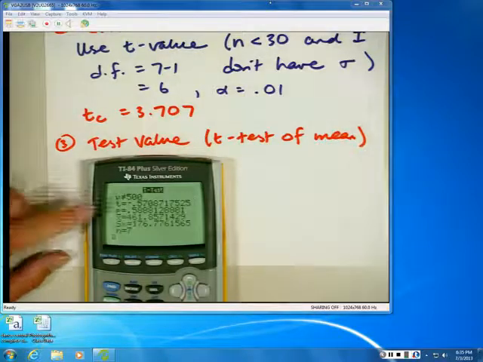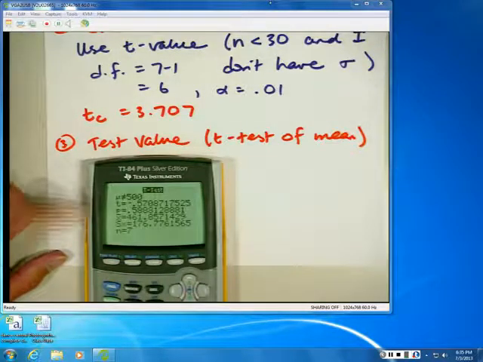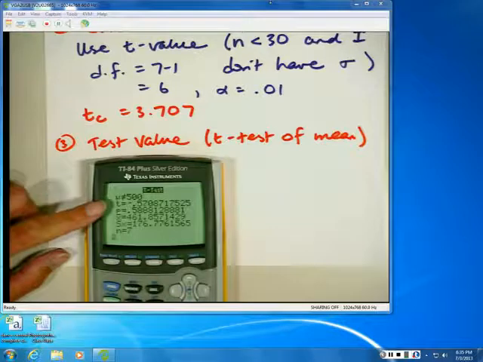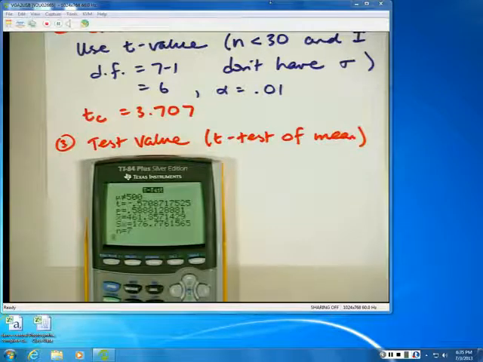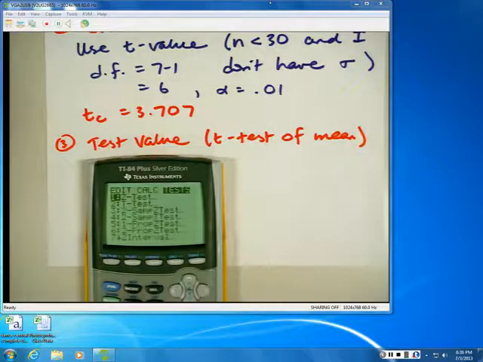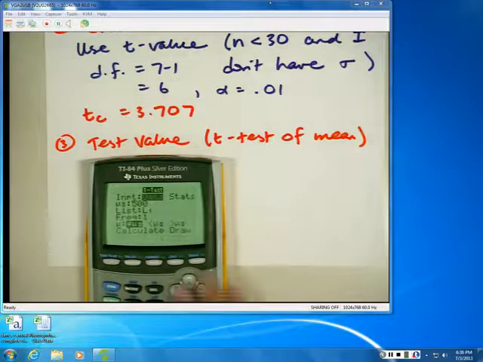And it gives me my t-score. So 0.57. Let's make sure we type that in correctly again. So stat, tests, t-test. We've got data, 500, L1, 1, that's right, okay, so we got it all there.